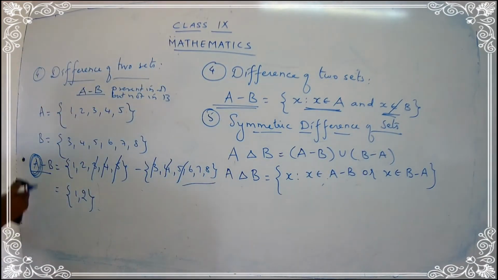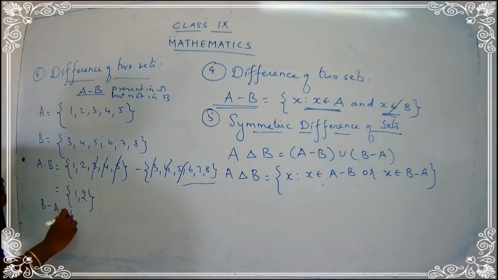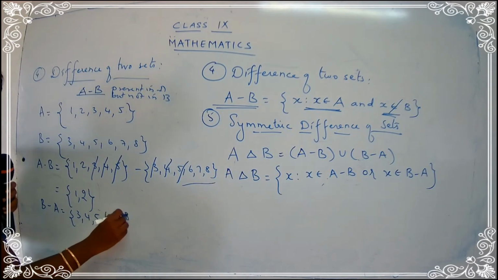The same way I'll go for B minus A. We have found A minus B. Let us find B minus A, children. B minus A means you write down the sets as required. What is the set B? 3, 4, 5, 6, 7, 8.